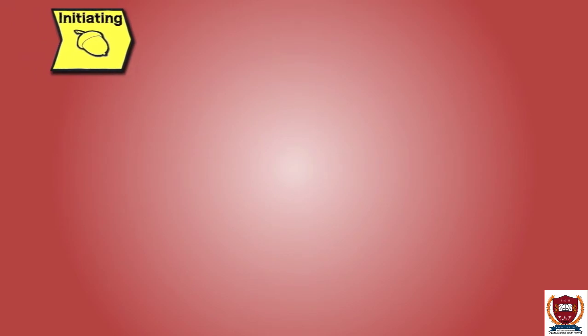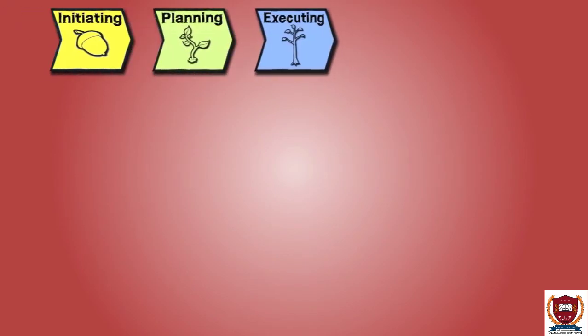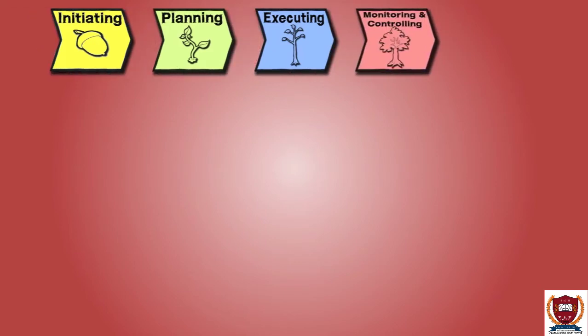These process groups are the initiating group, the planning group, the executing group, the monitoring and controlling group, and the closing group. Project management also consists of 10 steps that are logically sequenced vertically in the project management process matrix.